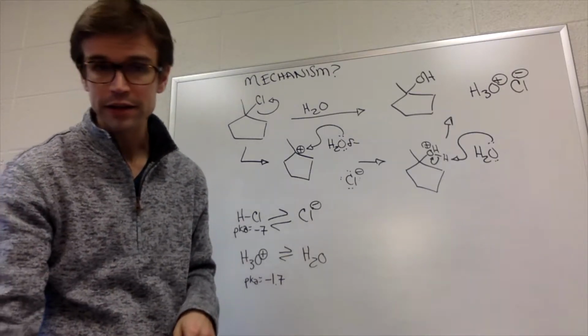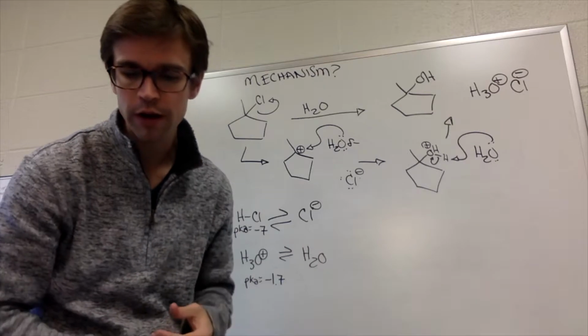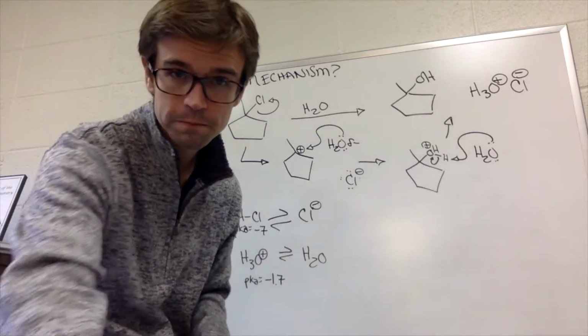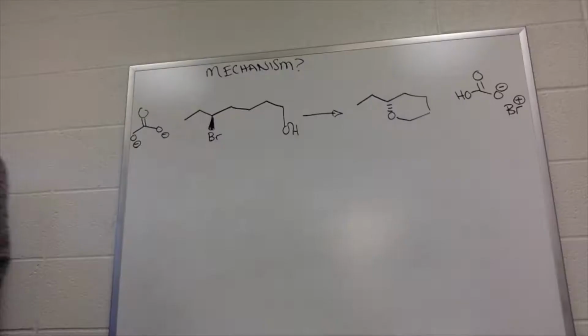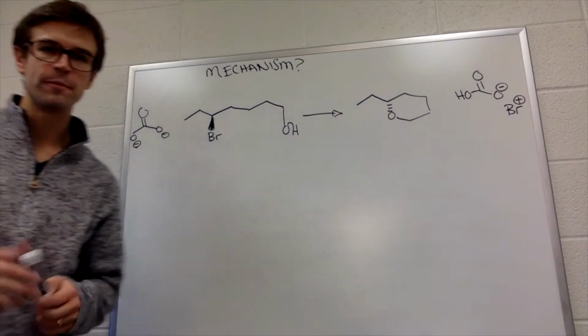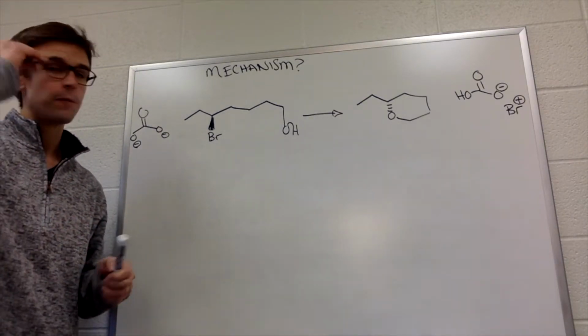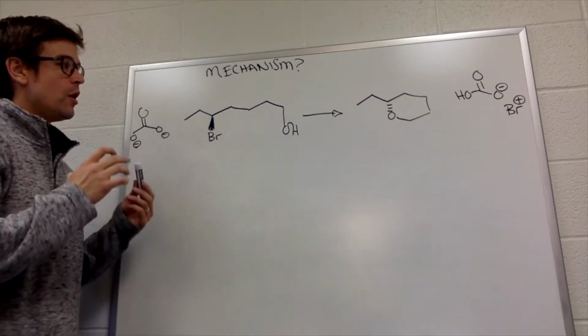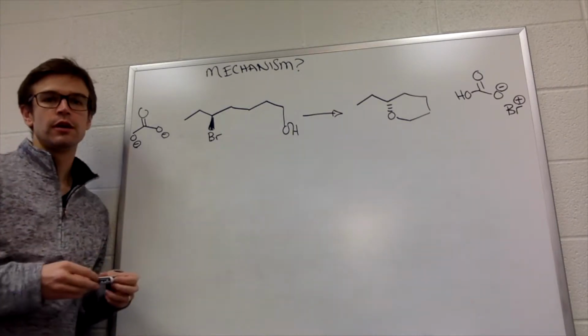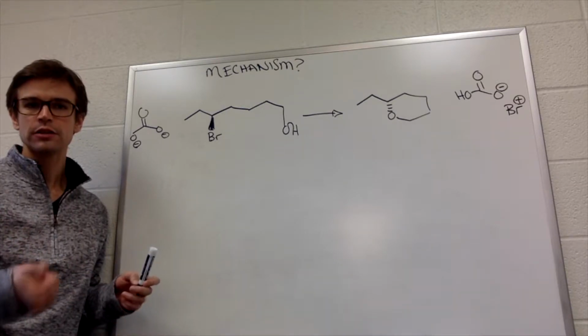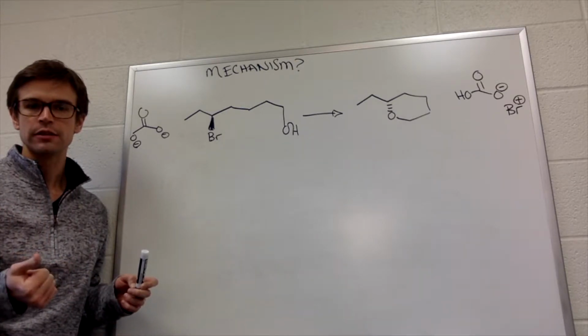There's another one on the page, so try the one underneath and then turn the video back on. All right, you're back for the second mechanism. Exciting times. So, looking at this mechanism, what are the clues? Is this going to be an SN1 reaction or an SN2 reaction?